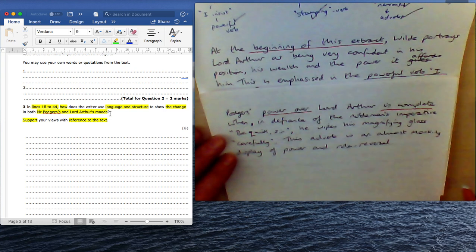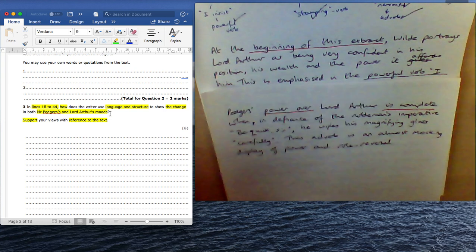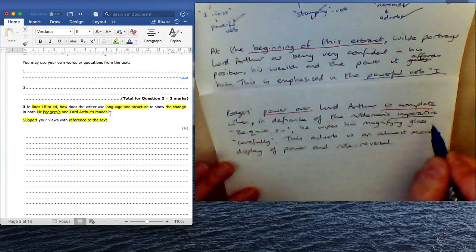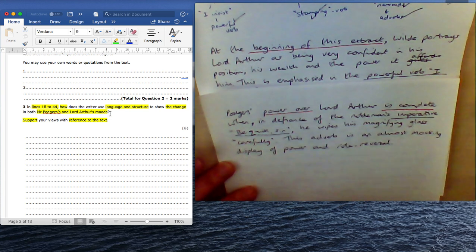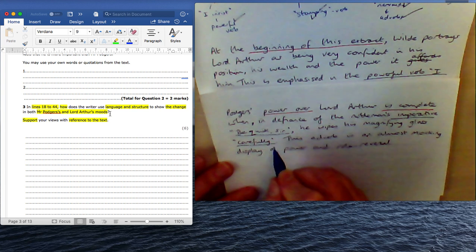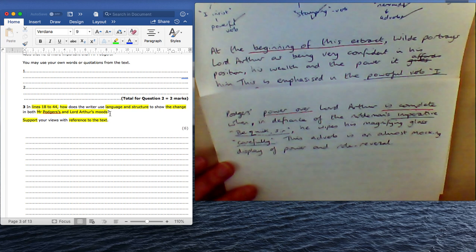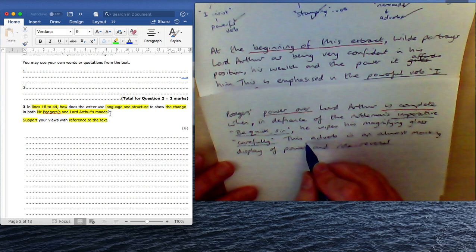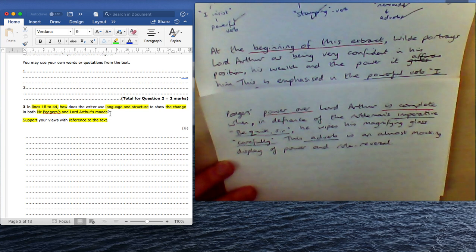So this shows the change and the fact that he's in defiance of the nobleman's imperative, language point, imperative verb being chosen. He wipes his magnifying glass carefully. There's a language point again because we're quoting the adverb there as mentioned in the next section.